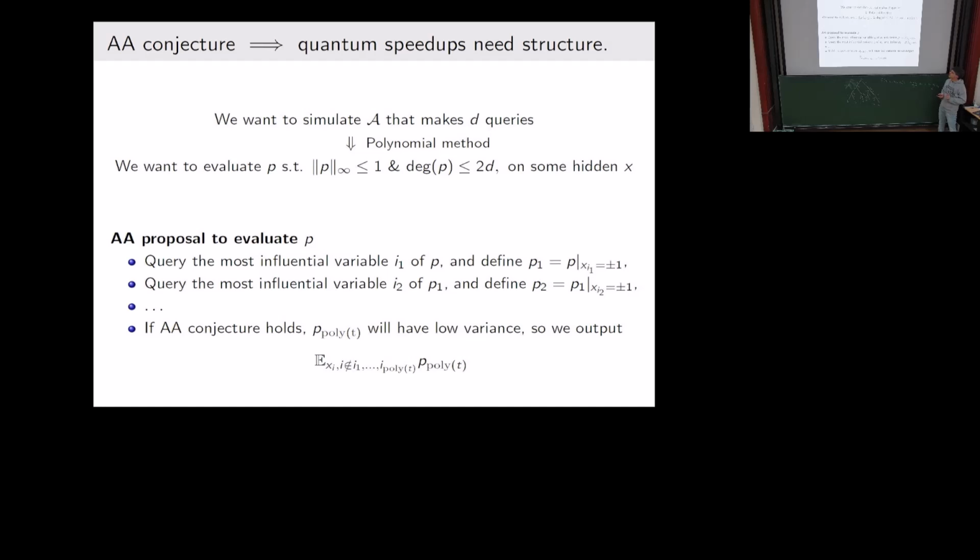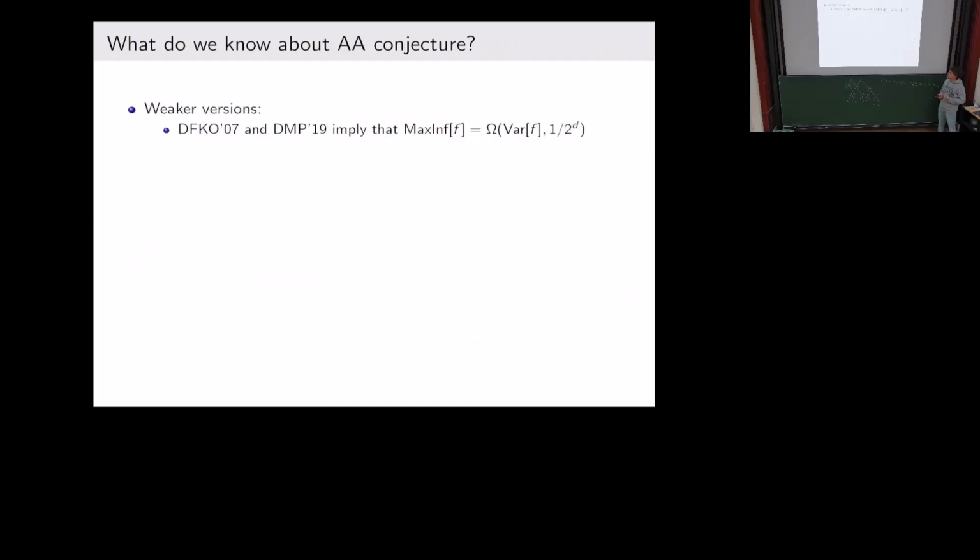So now what I want to say is, what do we know about the Aaronson-Ambainis conjecture? And if I want to give a short answer, it would be we know very little. Like, we are very far as a community from proving it.